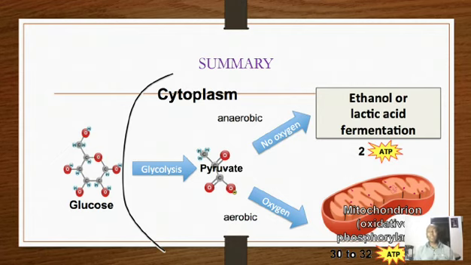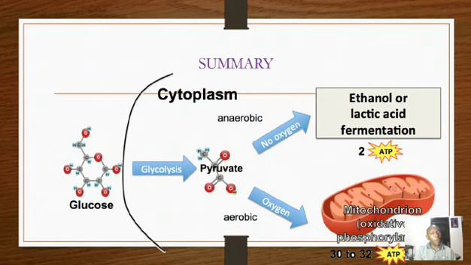But in presence of oxygen, under aerobic conditions, what happens to pyruvate? Pyruvate then undergoes changes that lead to the Krebs cycle. The decarboxylation, the dehydrogenation, forming acetyl-CoA, acetyl coenzyme. Remember the acetyl-CoA that we formed is fed into the Krebs cycle.